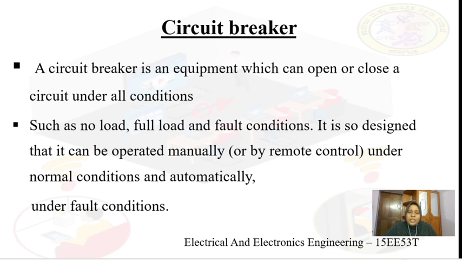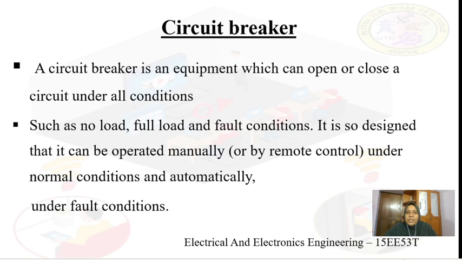And it is designed in such a way to operate that it can be operated manually or automatically under normal condition. But when the fault occurs, it operates automatically. There is no manual operation. So this is the definition of a circuit breaker. Once again, we'll try to see it.